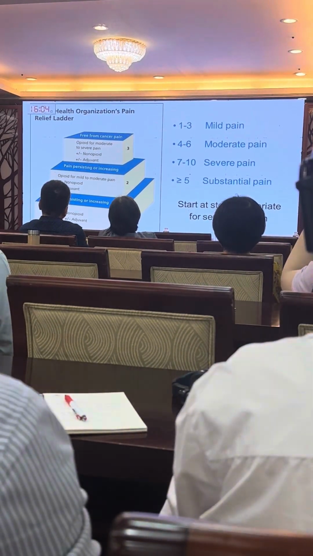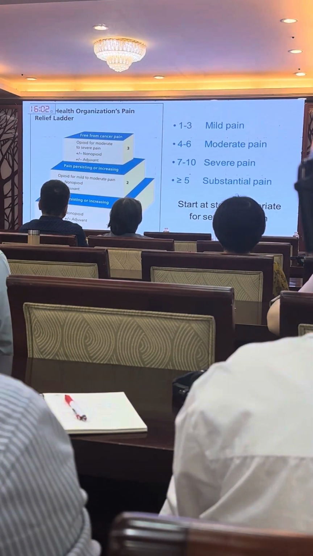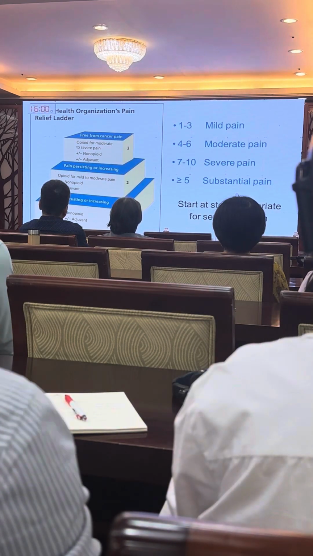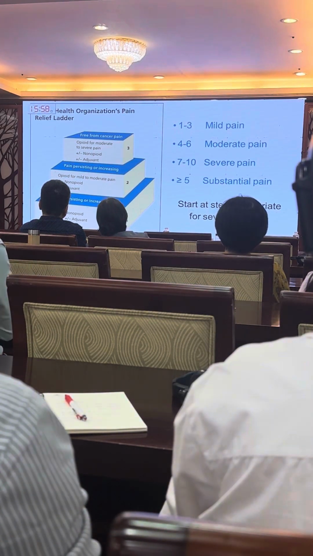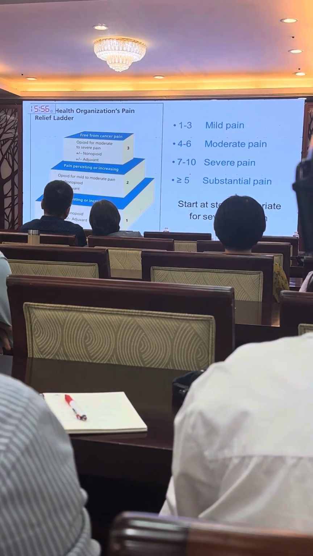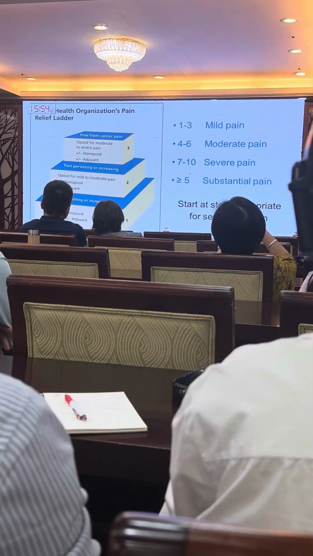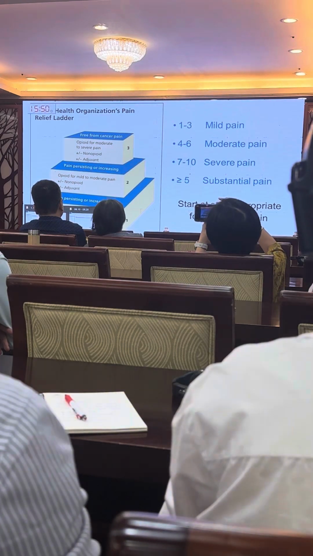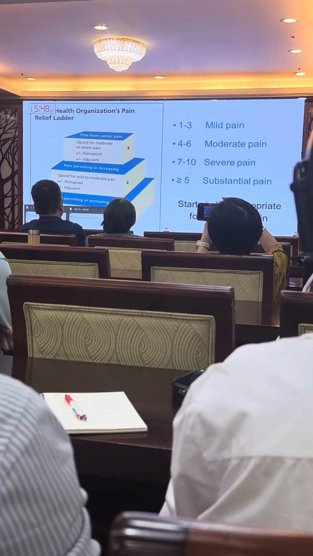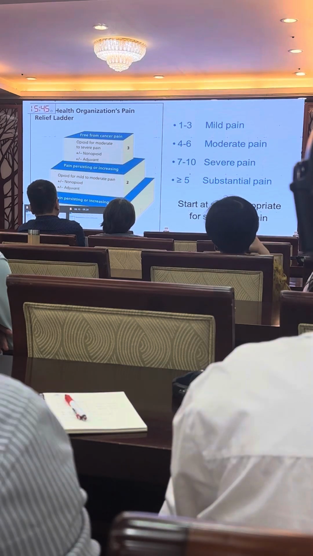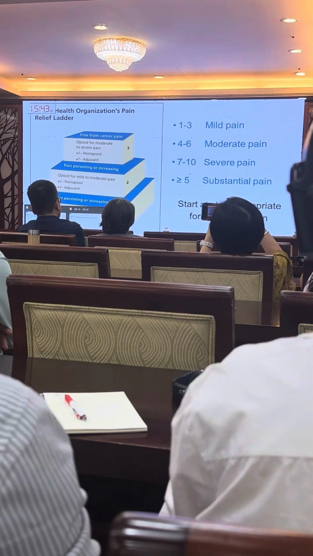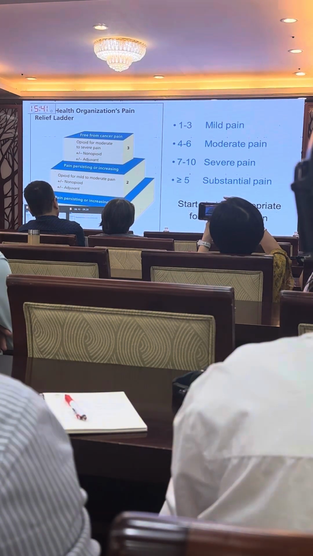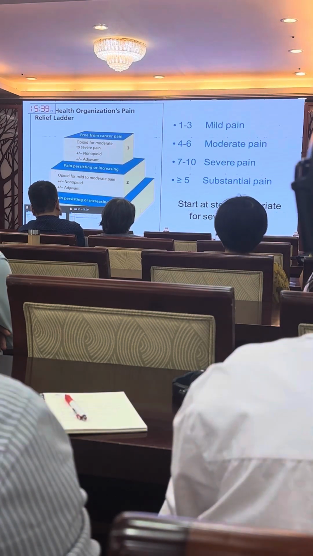This is the WHO analgesic ladder. It now has 3 steps. The first step is for mild pain with the pain score of 1 to 3. And the second step is for moderate pain with the pain score of 4 to 6. And the last one, the third step, is for severe pain with the pain score of 7 to 10.